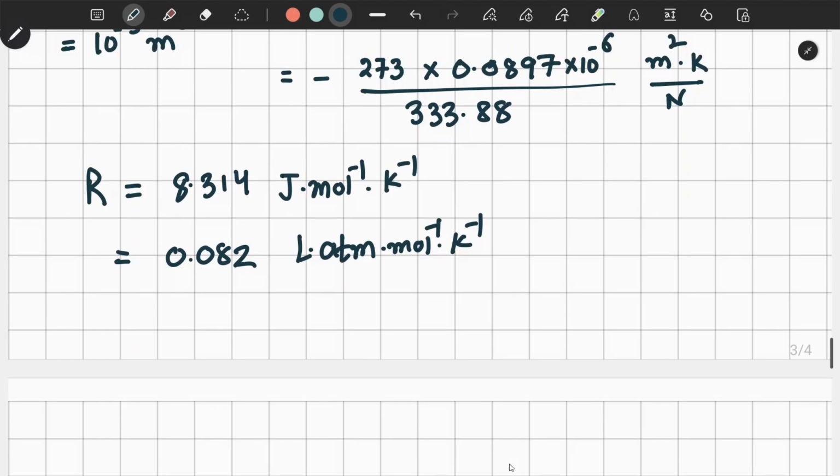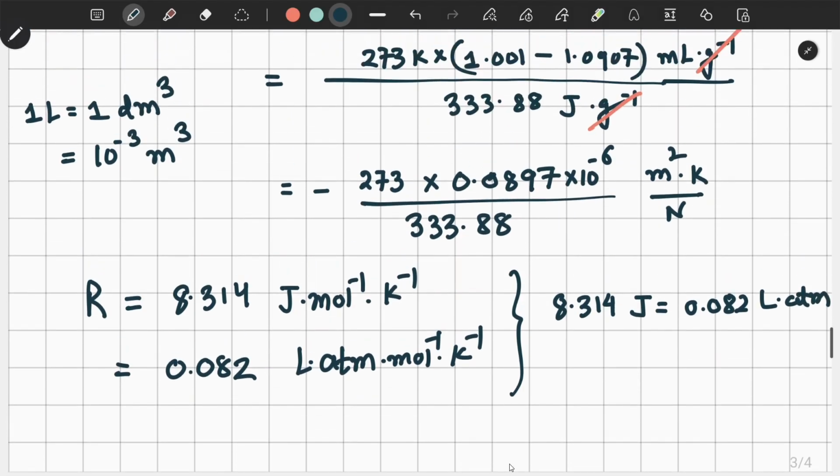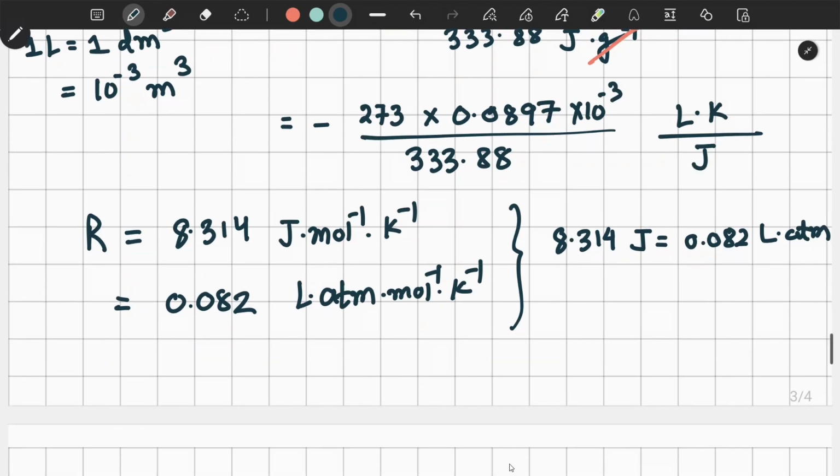So if you equate them, it is clear from these two values. So for 1 joule, it will be 0.082 divided by 8.314 liter atm.